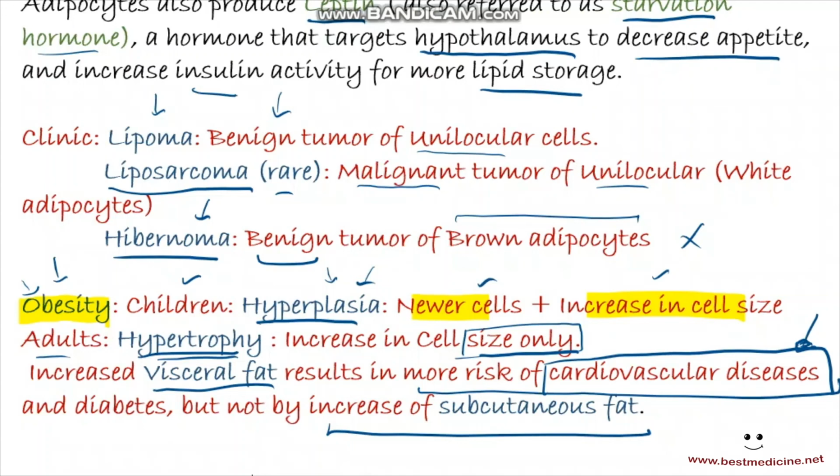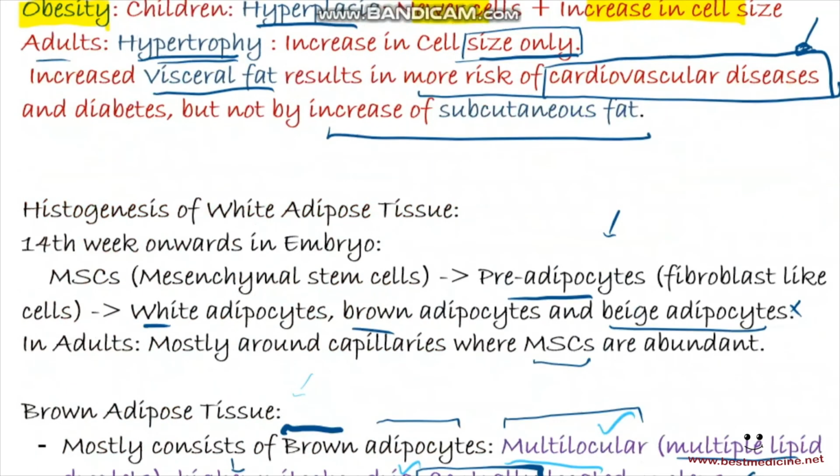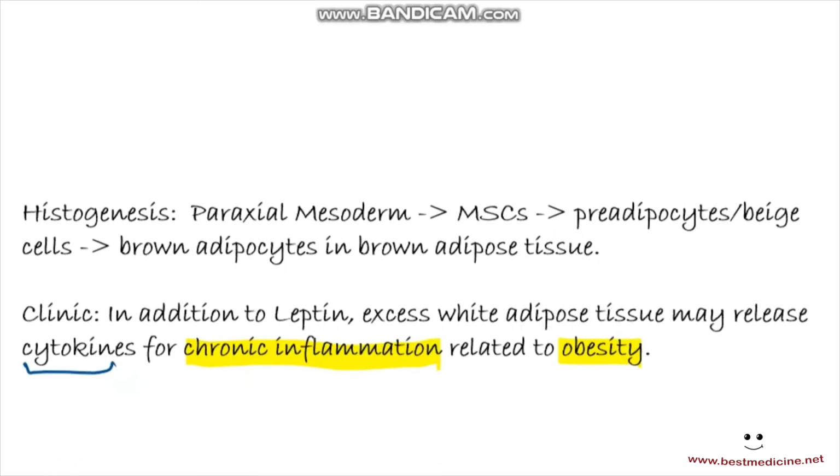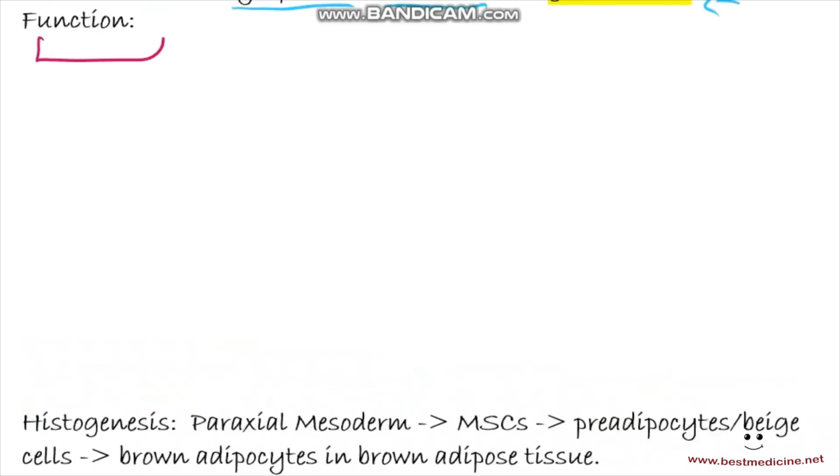Also, on top of that, excess adipose tissue results in more and more production of cytokines as well. So there's a chronic production of cytokines, which results in a chronic inflammation related to obesity. So on top of the obesity, there's also some chronic inflammation around those tissues because they release cytokines in a chronic fashion. And that's pretty much it for this chapter.